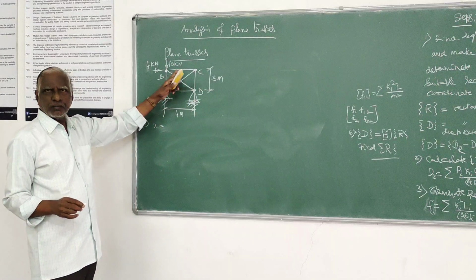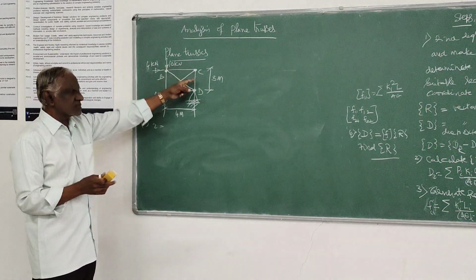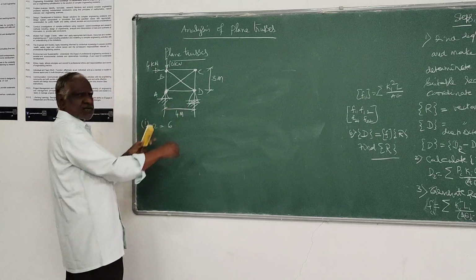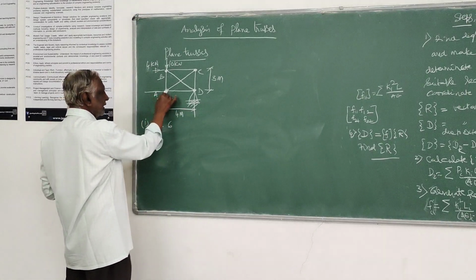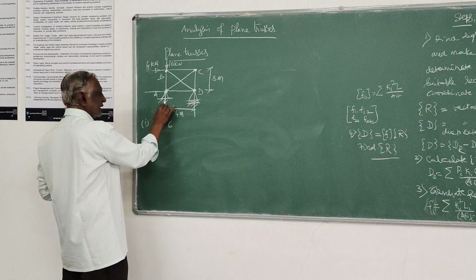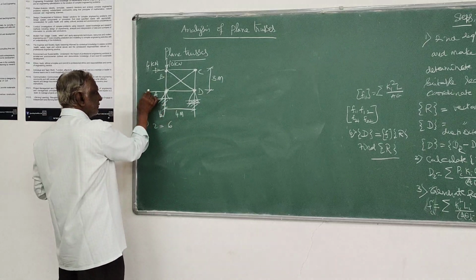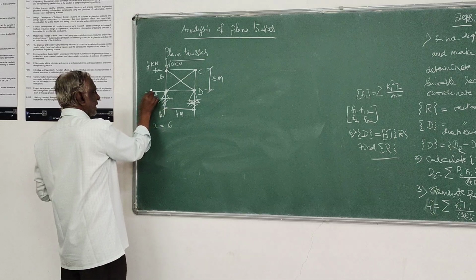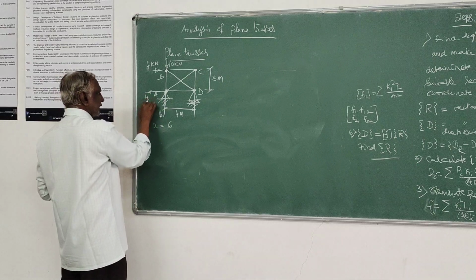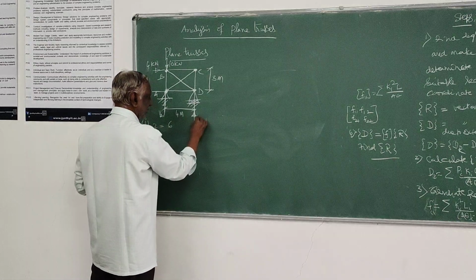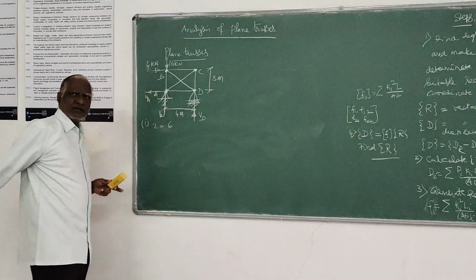You count the number of members in the structure. There are 6 members, that is, m is 6. Number of support reactions: at A, since it is a hinge, you have 2 reactions, one vertical reaction VA, another horizontal reaction HA. Here only a vertical reaction at the roller support, it is VD.